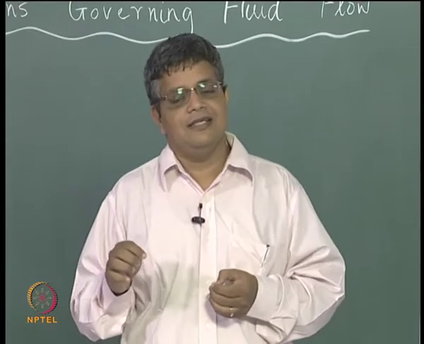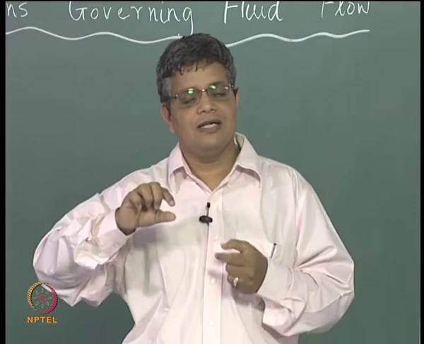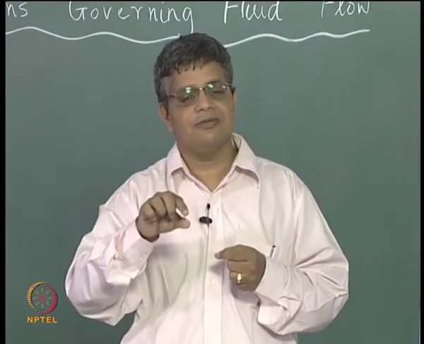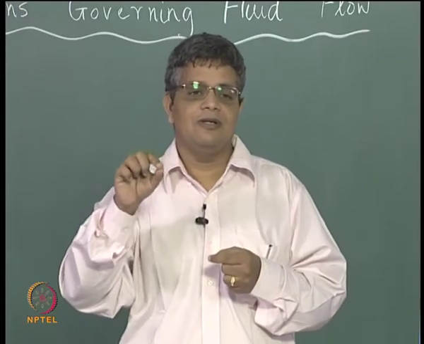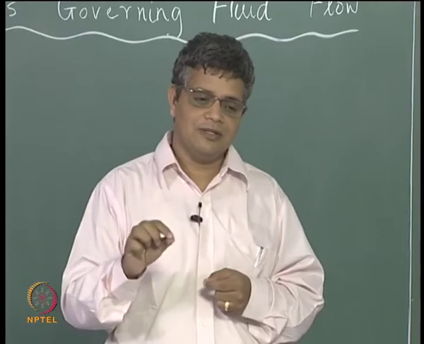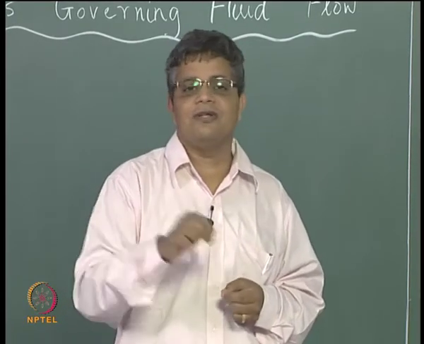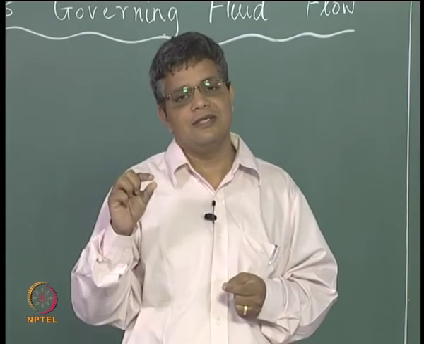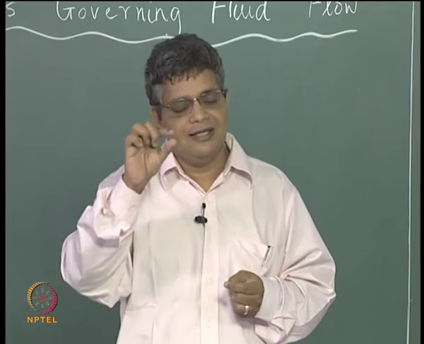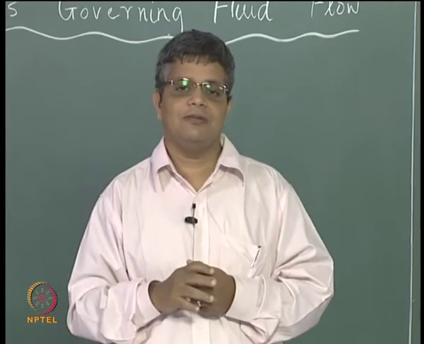keeping in mind that this particular control volume will be ultimately made very small, so that the equation that we derive from this is applicable at almost every point within the flow domain. Okay, we are not saying that it is a point of infinitesimal volume, but it is so small a volume that at every point this conservation equation which we derive from this control volume analysis is applicable.